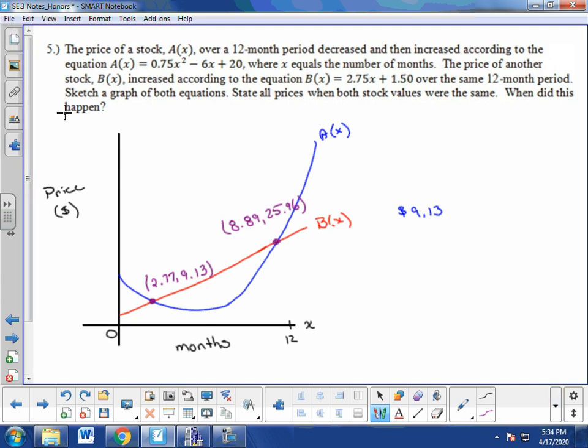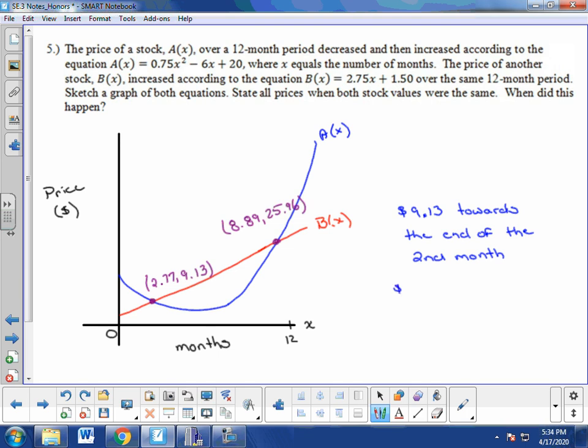So this would be towards the end of the second month. So the first time that they're the same is $9.13, and that's towards the end of the second month, so 2.77.